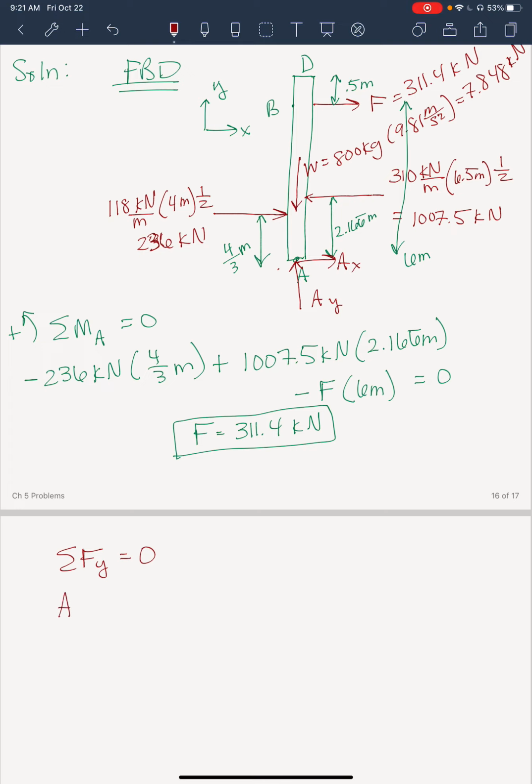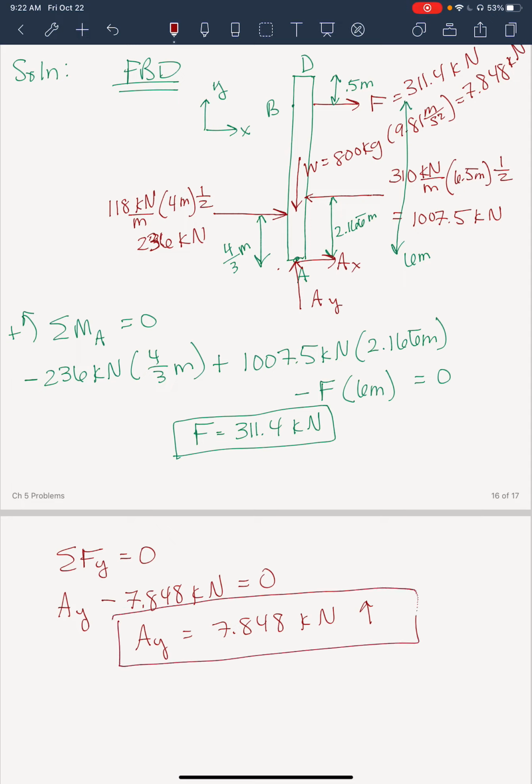We have AY, which is pointed up, so that's positive, and then minus that weight, which is 7.848 kilonewtons, equals 0. And so we get AY equals 7.848 kilonewtons. And that means we did pick the direction to be right.